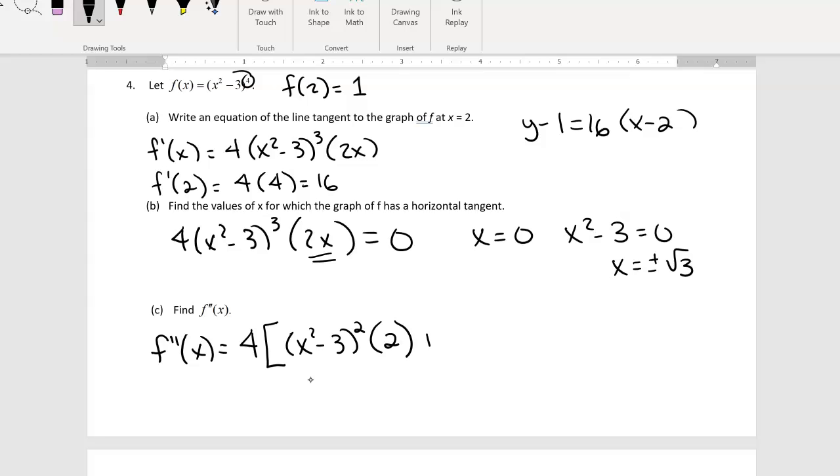There's my d2 plus 2, and my d1 is 3. X squared minus 3 squared, again chain rule would be times 2x. There we go. I think that hit it all, and close it off to get the 4 in there.